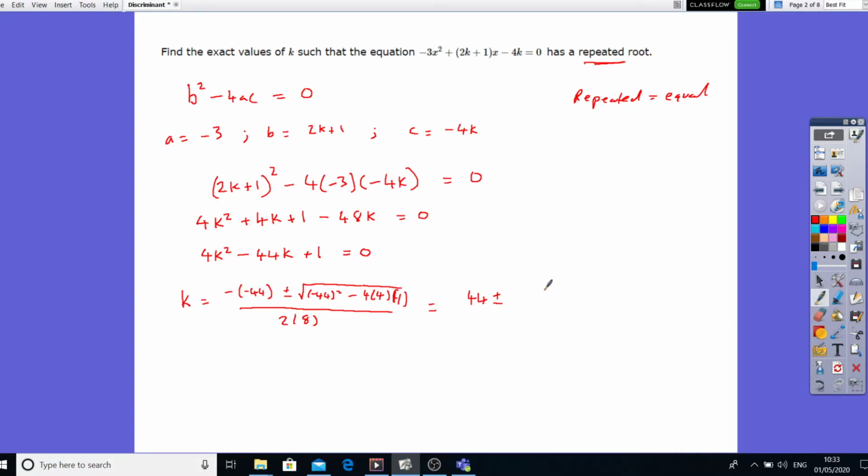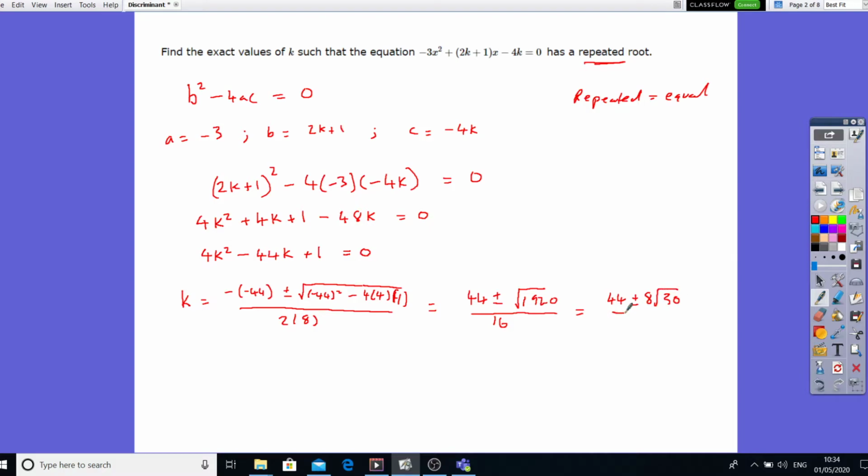Okay, so that's going to be take away 16, which we're going to end up with the square root of 1920 over 16, and this will come out to be 44 plus or minus 8 root 13.